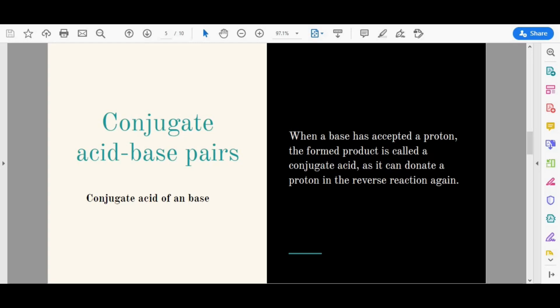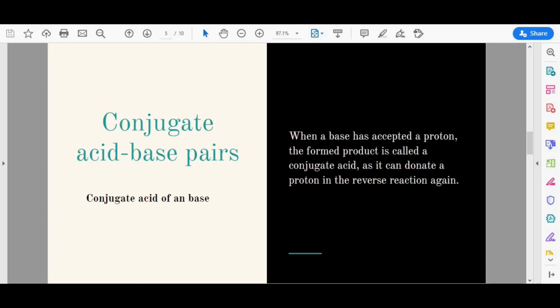Now, when a base has accepted a proton, a new product is formed. Remember, in any acid-base reaction, if there is a base present, the base accepts the proton and a new product is formed.